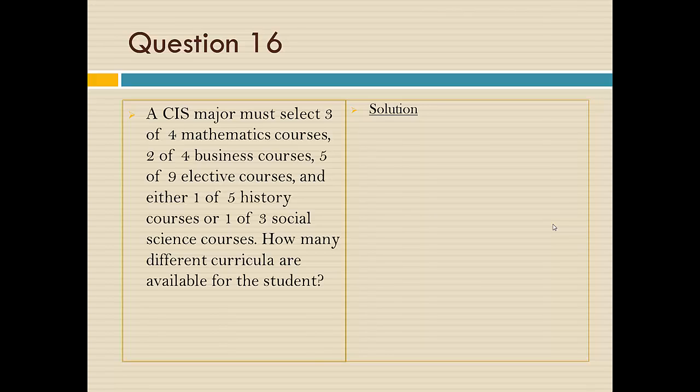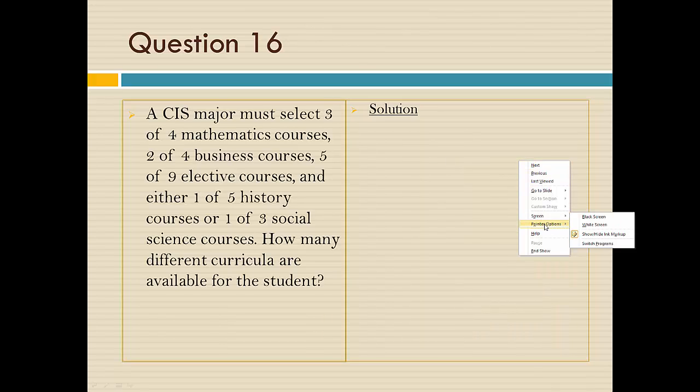Question 16. A CIS major must select 3 of 4 mathematics courses. Okay, this is still combination, it is without order. 2 of 4 business courses, 5 of 9 elective courses, and either 1 of 5 history or 1 of 3 social science courses.